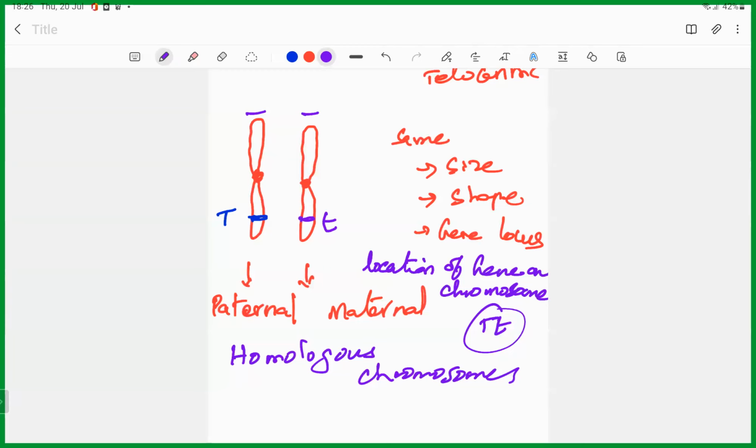So same size, same shape, same gene locus. If it is Tt, this is what condition? Homozygous or heterozygous? It is heterozygous. Heterozygous for tall. For example, if it is Mendel's pea plant, like this.